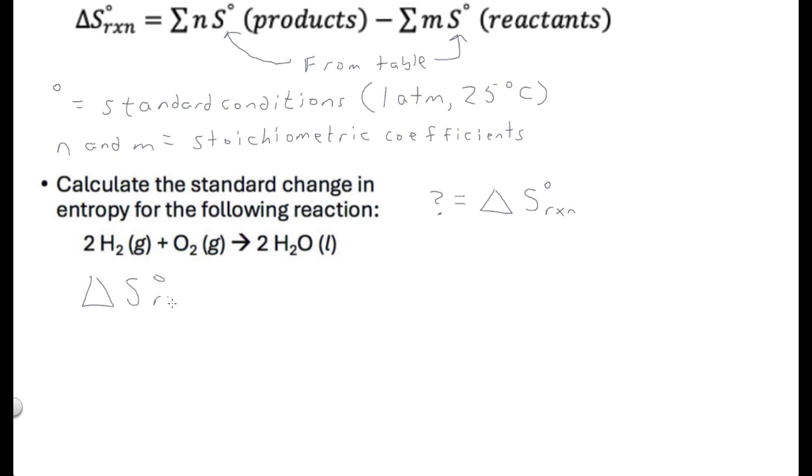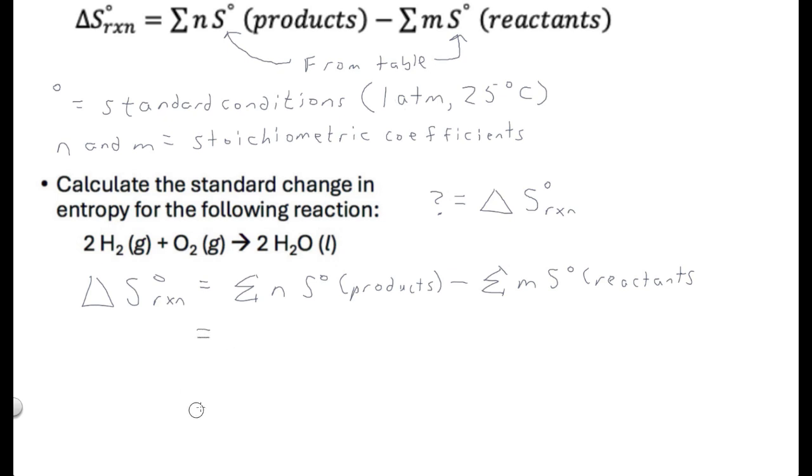Delta S for the reaction equals the sum of the entropies for the products minus the sum of the entropies for the reactants.